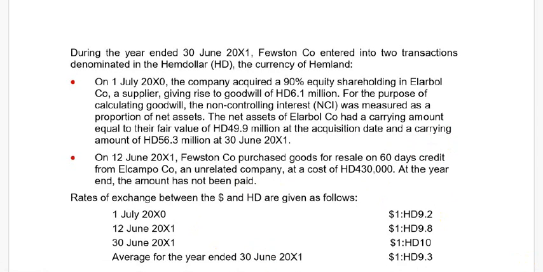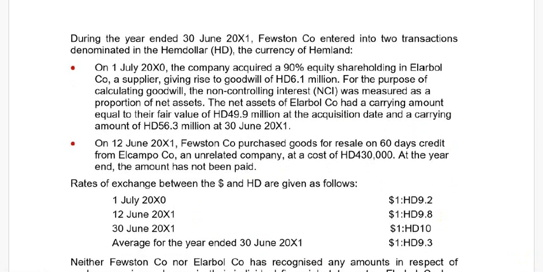The rates of exchange between the dollar and the HD are given as follows, with the respective dates and the exchange rates.